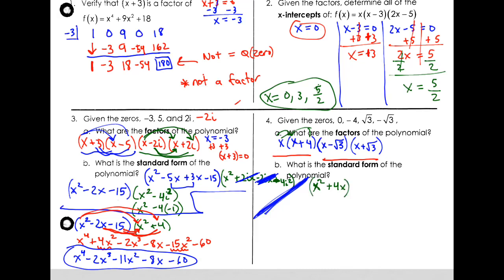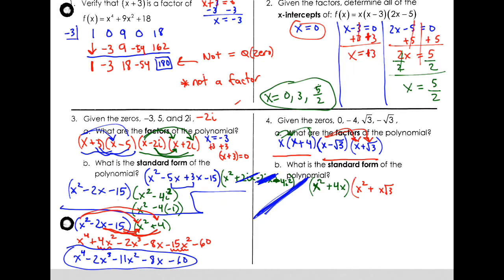Now we'll do the other one in red. So x times x is x squared. X times radical 3 is a positive x radical 3.